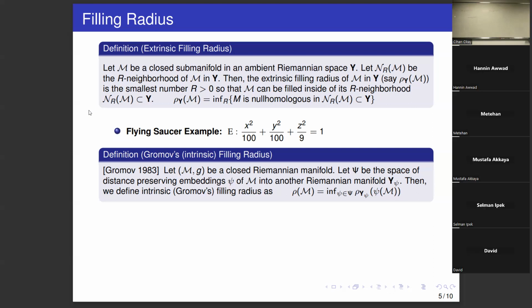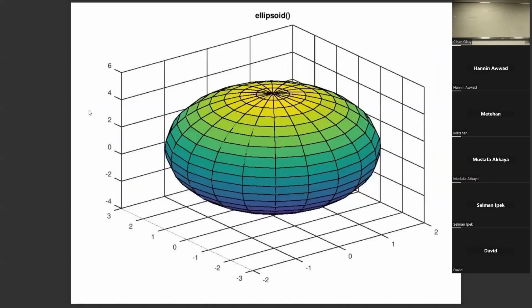So what's your guess for the Gromov filling radius for the flying saucers in this picture? Is it going to be 3 again? I am inducing a metric for this guy from R^n. Now, is this embedding distance preserving? What do you think?